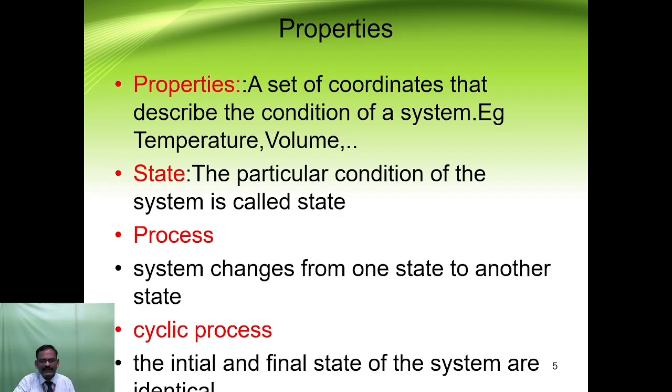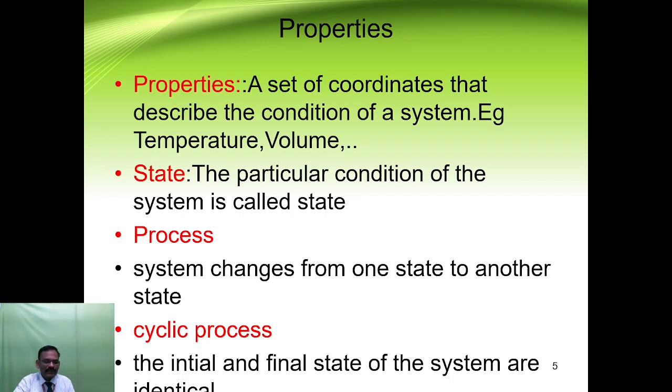Process. When the system changes from one state to another, it is called a process. For example, if we heat water, it is converted into steam. So from the liquid state we get the gaseous state using water. This is called a process. Simply we say that we are heating the liquid, so the heating process takes place.